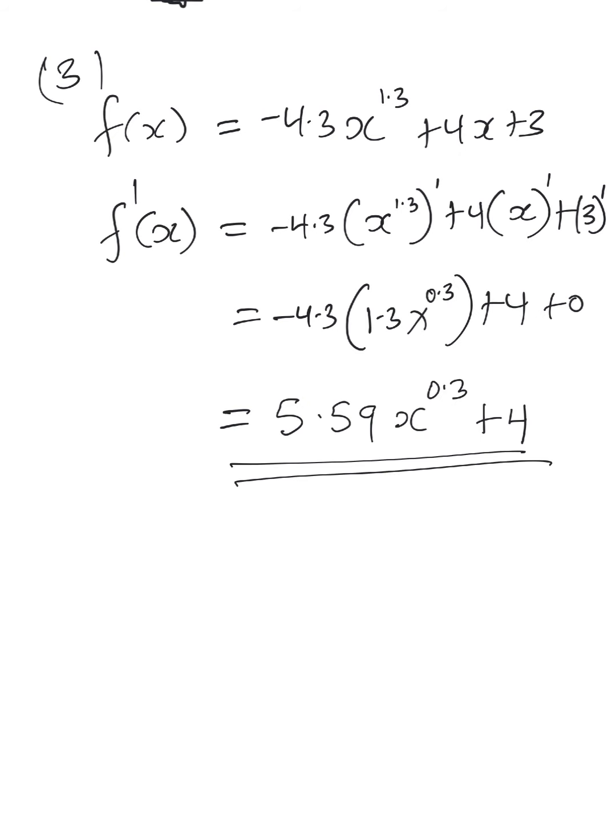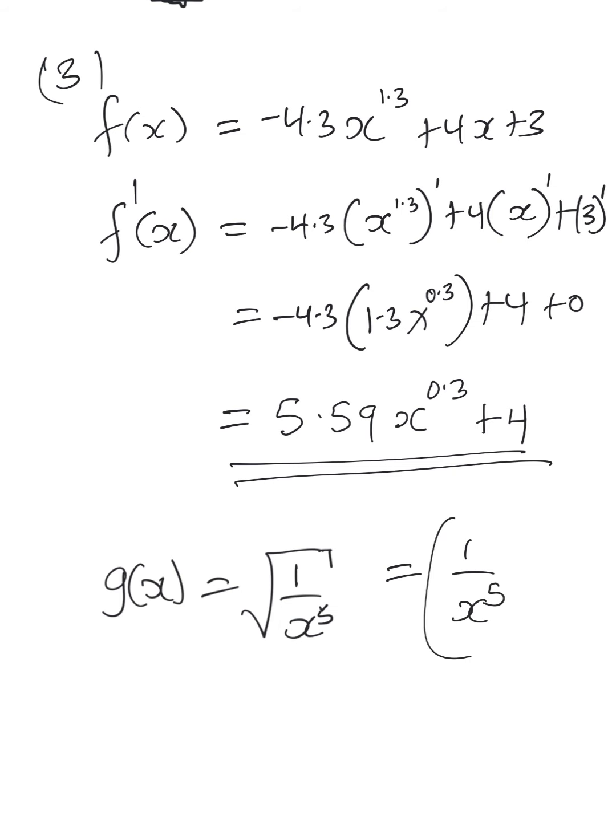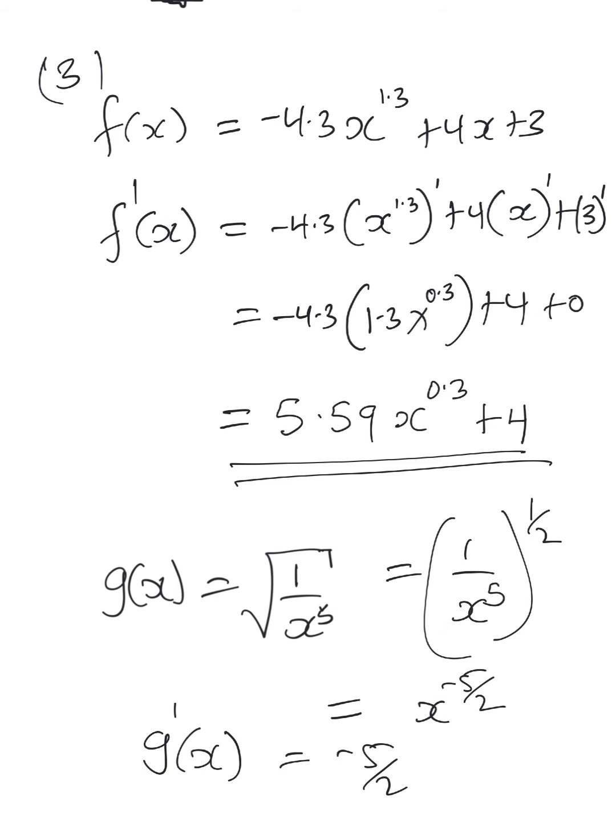The next question was g of x. g of x is the square root of 1 out of x to the power 5. Remember, this is the same thing as 1 over x to the power 5, raised to the power of half. This is x to the minus 5 over 2. So the derivative is minus 5 over 2 x to the minus 7 over 2. We have done that in the introductory part of this class.